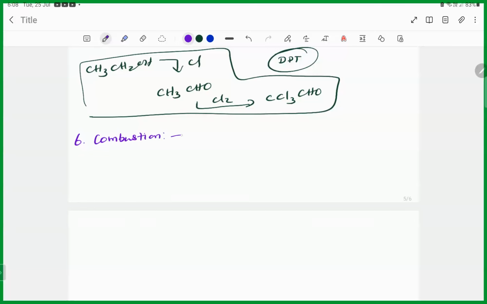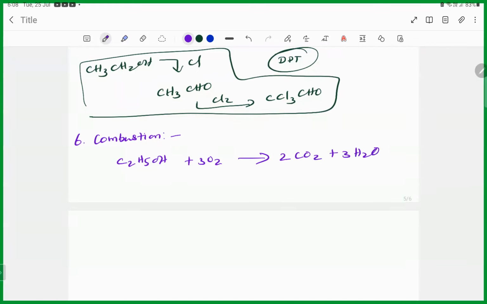Combustion is when ethanol is burnt in the presence of oxygen. C2H5OH plus 3O2 gives 2CO2 plus 3H2O. This is known as combustion.